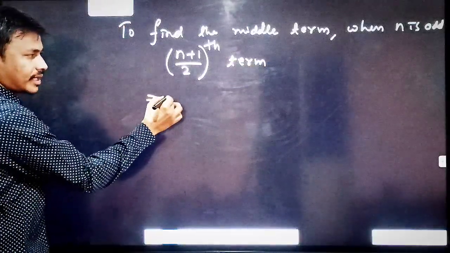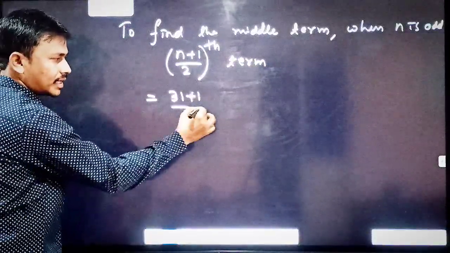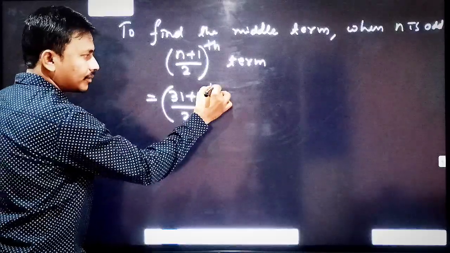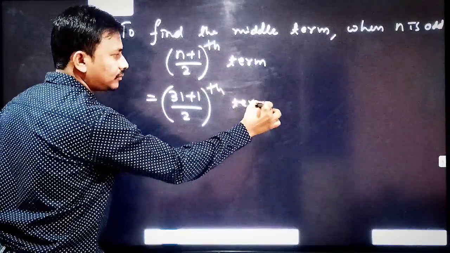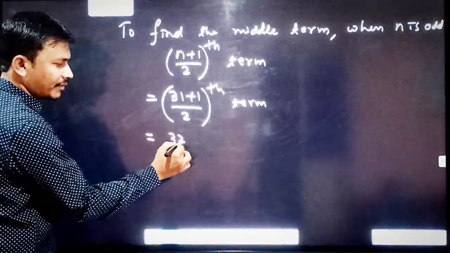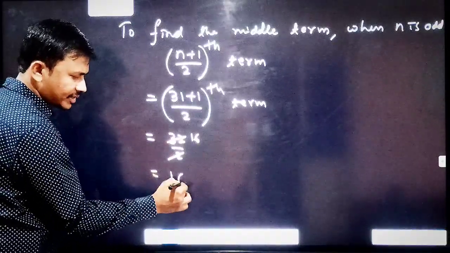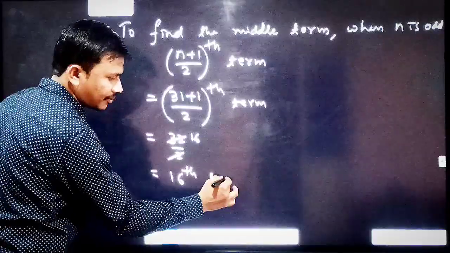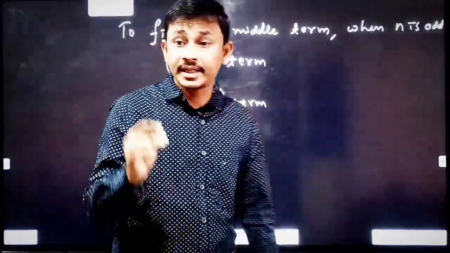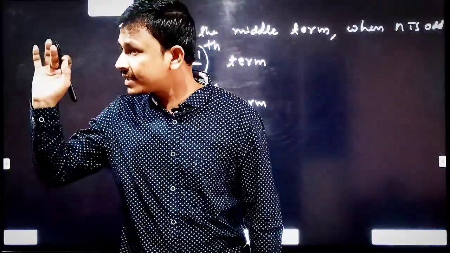What is n? 31 plus 1 divided by 2 term. 32 divided by 2, 16th. This is equal to the 16th term. What we need to find out? The 16th term.